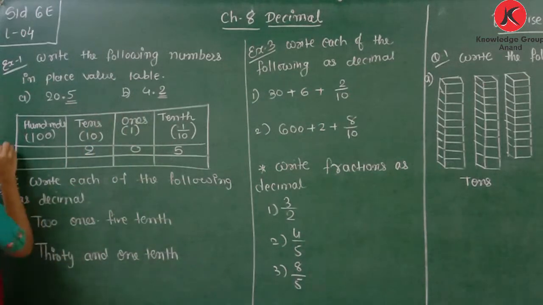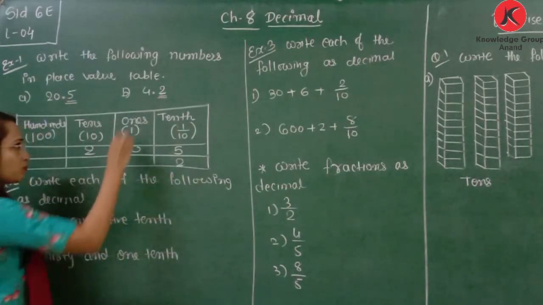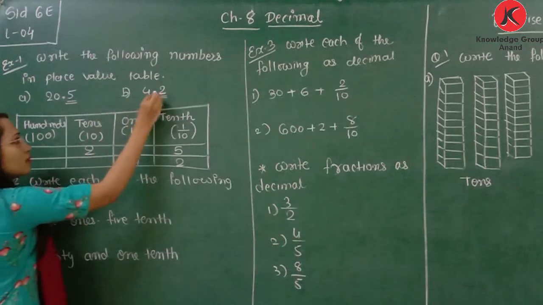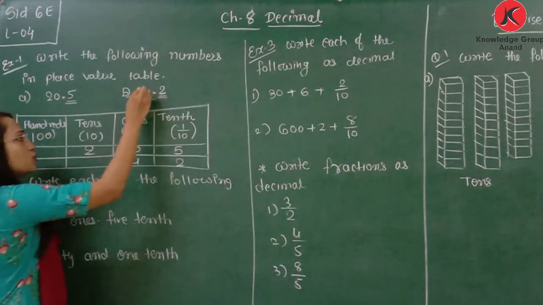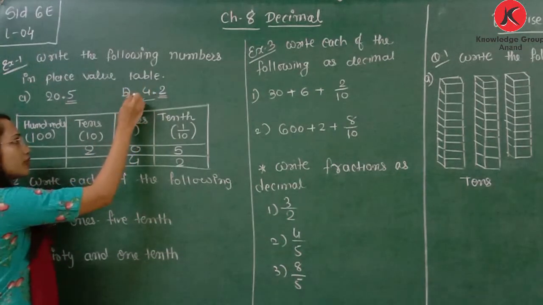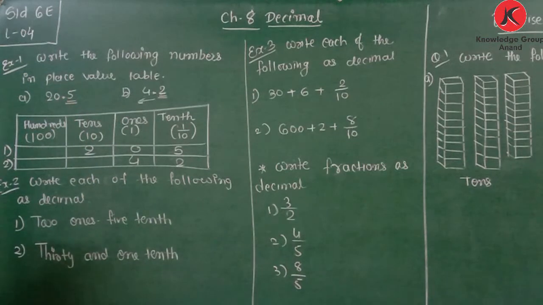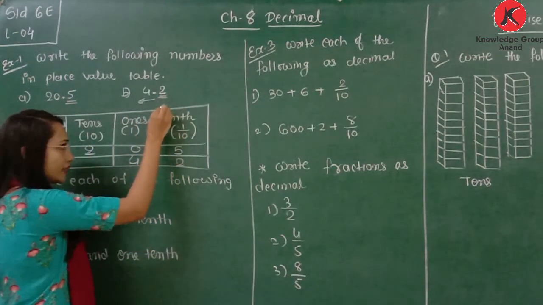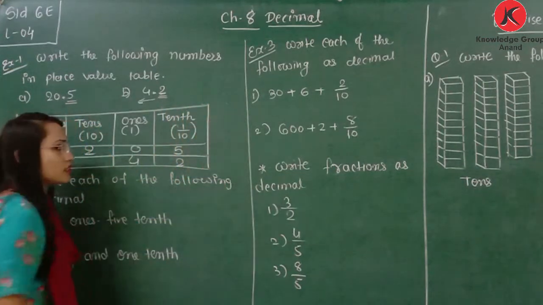For the number 4.2, 2 will be at the 10th place and 4 will be at the 1's place. Clear? From the decimal, as we are moving to the left side, we multiply with 1, then 10, then 100, 1000, 10,000. If we are moving to the right side, we divide by 10, so we get 1 by 10, then 1 by 100, then 1 by 1000, then 1 by 10,000.